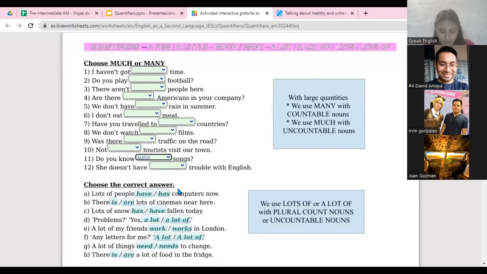Okay, let me see the other one. Let me check the mistakes here. Okay, the other one is, thank you, Irving.